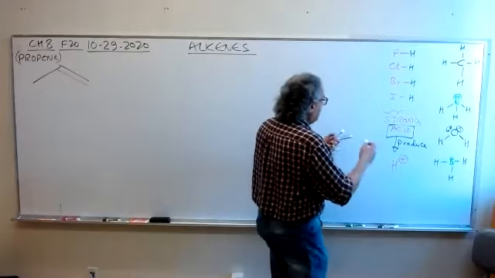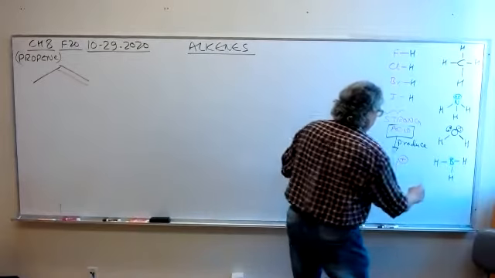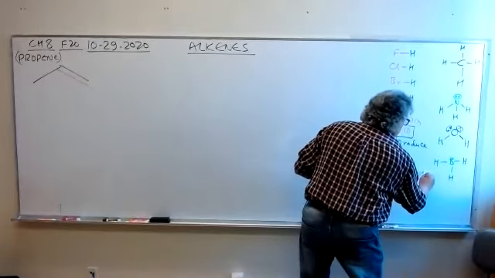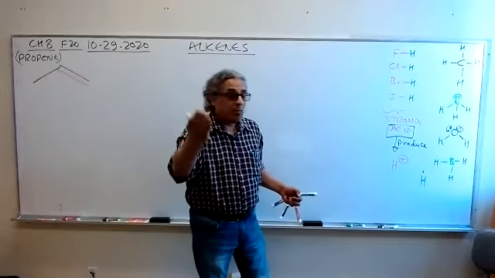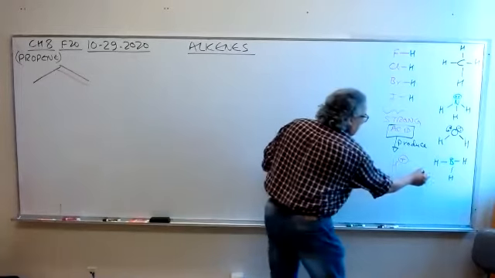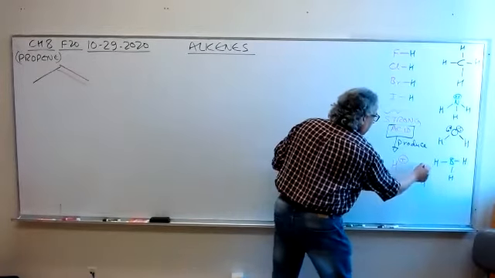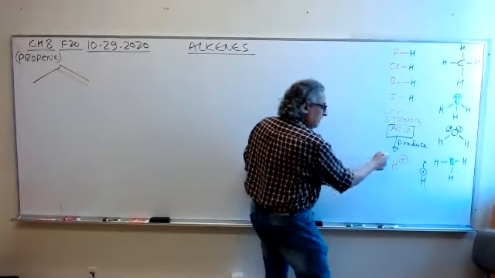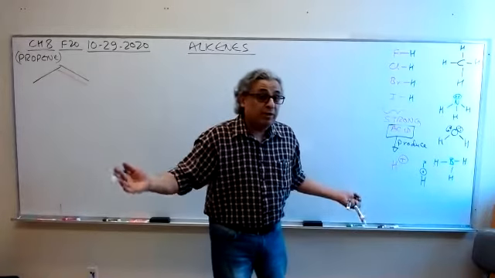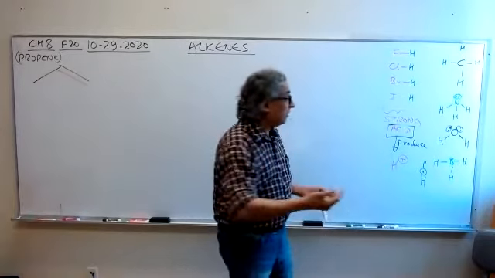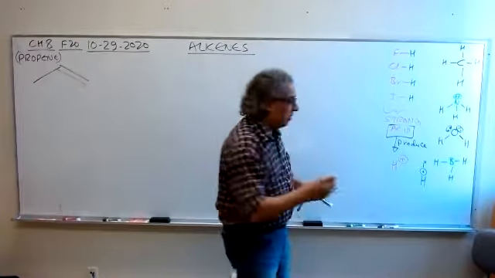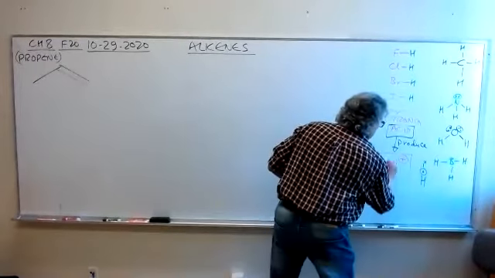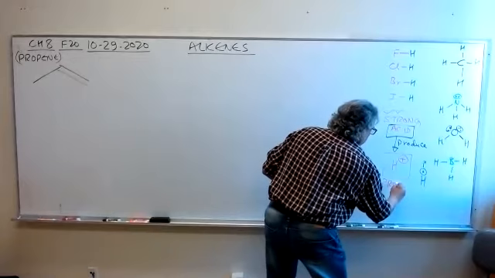Hydrogen is born with 1 proton and 1 electron, right? Atomic number 1. If the electron is gone, you're only left with a proton. Therefore, H plus is often referred to as a proton.